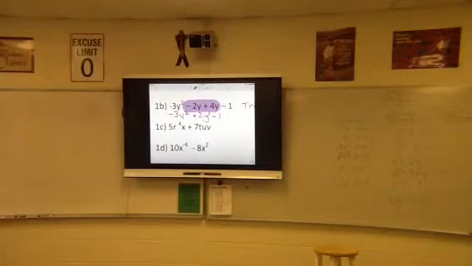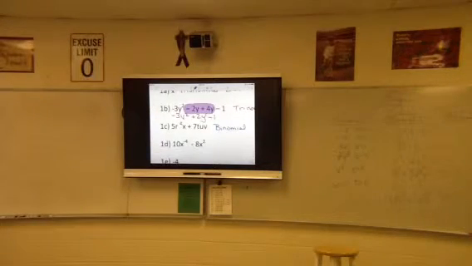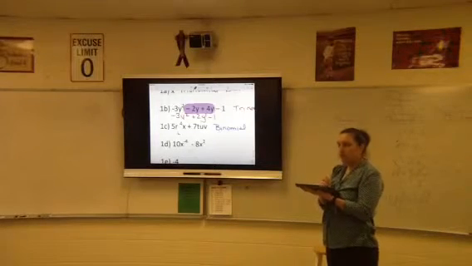What type is it? Binomial. Okay, binomial. Any volunteers for the degree? Chloe, what do you think? 4. Okay, she said 4. Chloe, what if I say no? You got any other ideas?